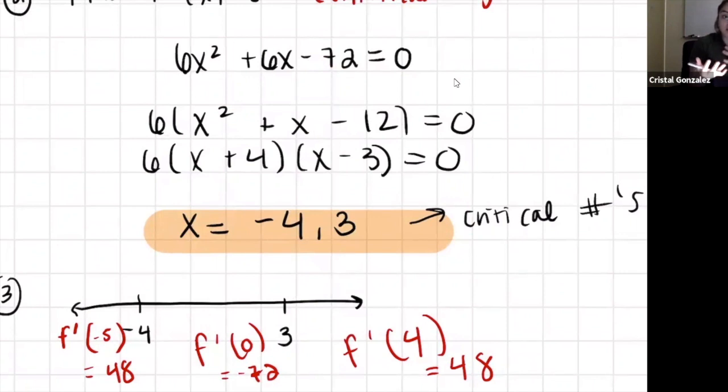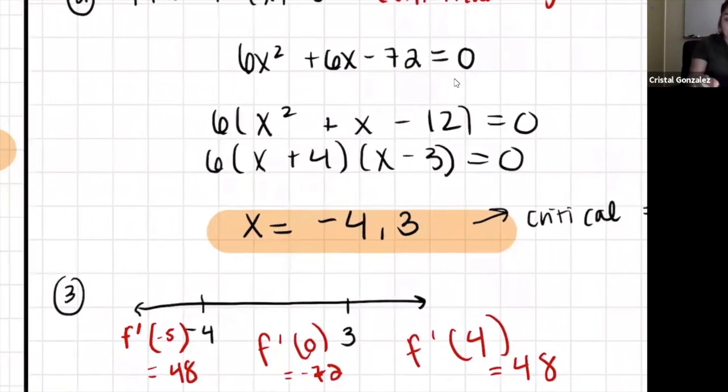We care whether this value here is positive or negative. And so that's how we're going to denote those values on our number line. So here, this value 48, that's positive, so we'll go ahead and put a plus sign here. Here, this value is negative, so we'll put a negative sign there, and here positive again.